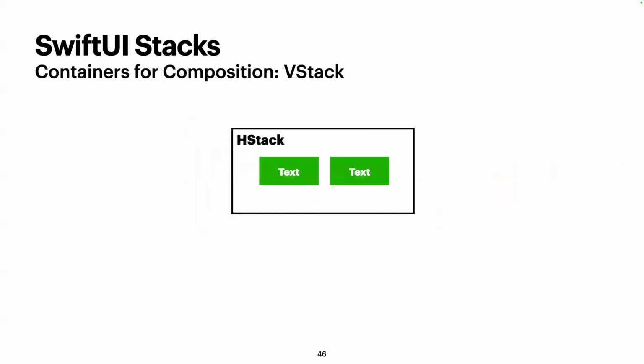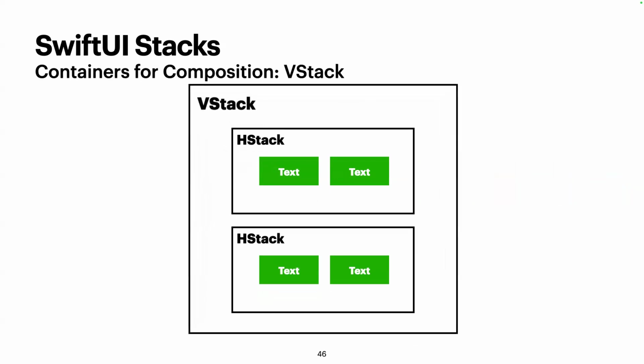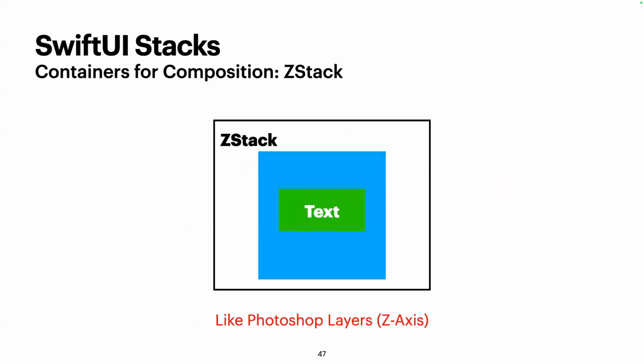Now, what if I want to align objects vertically? I could use a VStack like that. And what if I want to align objects along the z-axis? We talked about the x-axis and the y-axis. The z-axis is the axis pointing towards you and away from me, and that's something called a ZStack. It's like Photoshop layers if you worked in Photoshop before.